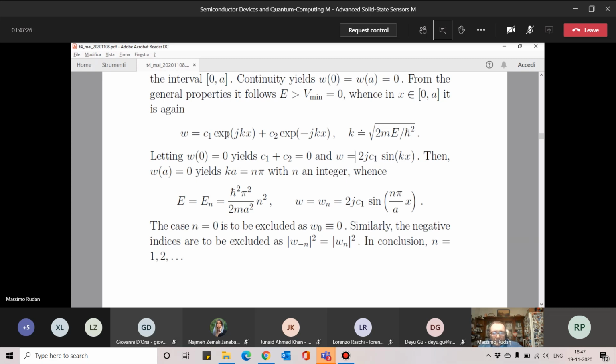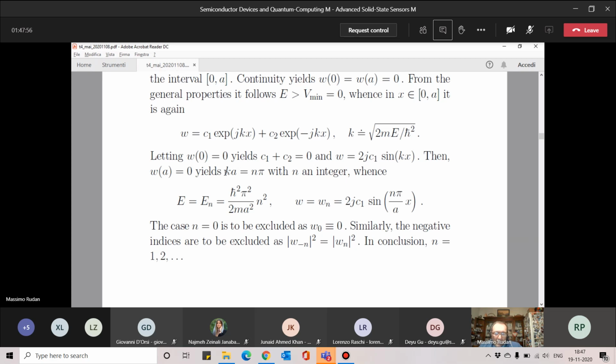Then we impose the other boundary condition, that is W at a equal to 0. If we place x equal to a, we have that sine of ka must be 0. For this, it is necessary that ka is an integer number times pi.